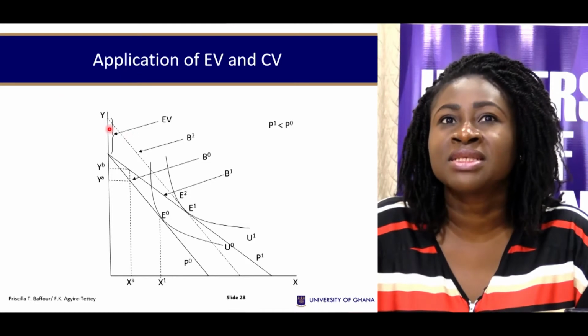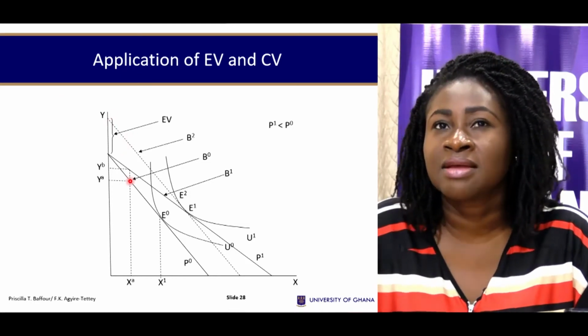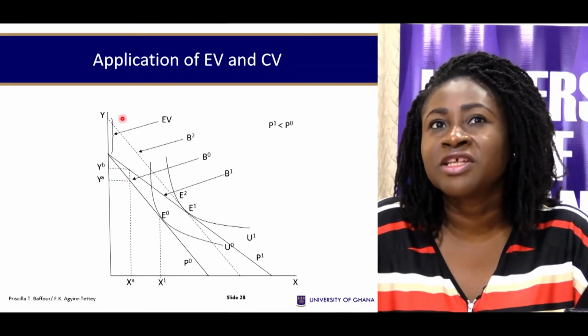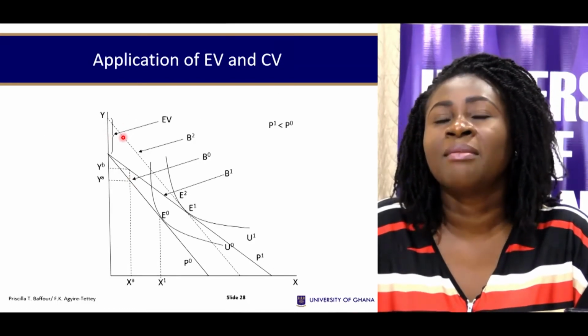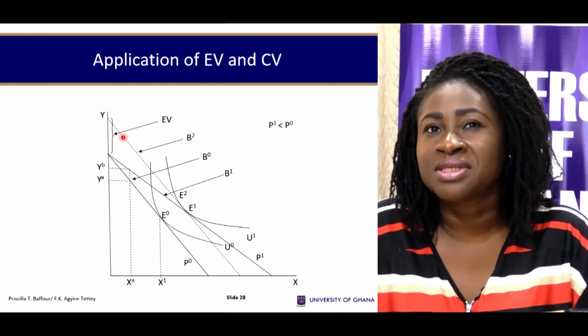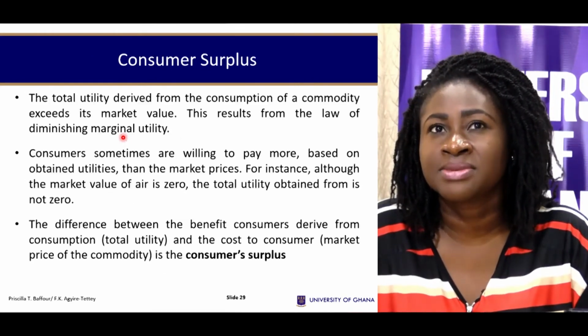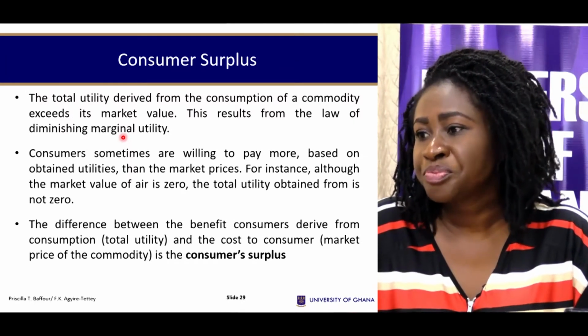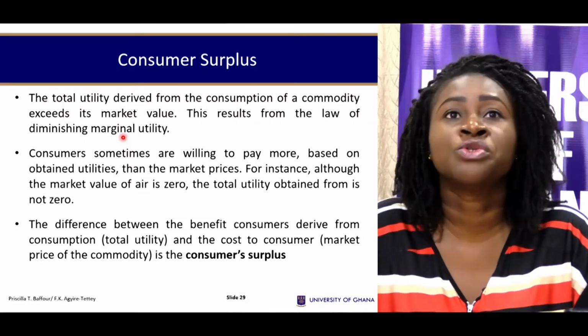And here farmers have to receive this amount of subsidy. But as to how effective this policy would be, I would ask you to read further on agricultural subsidies, right? Agricultural subsidies.